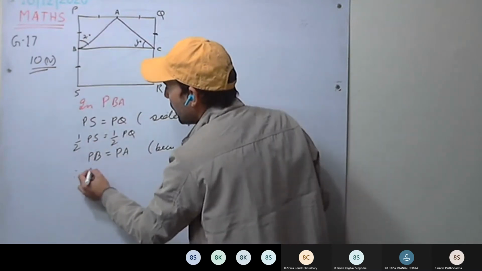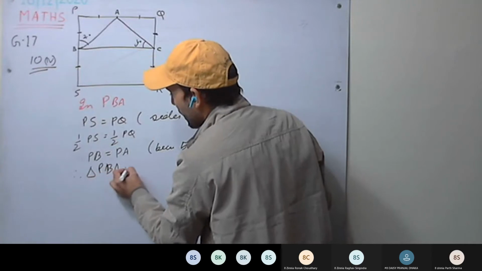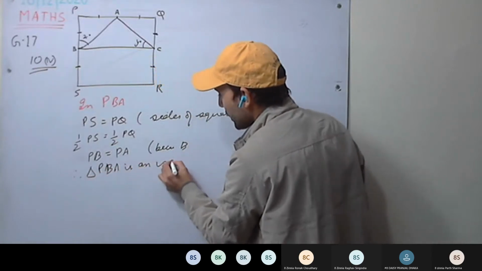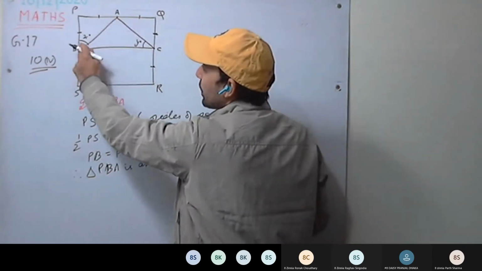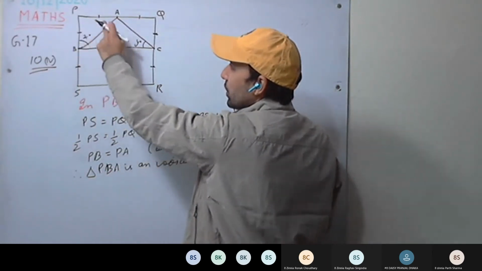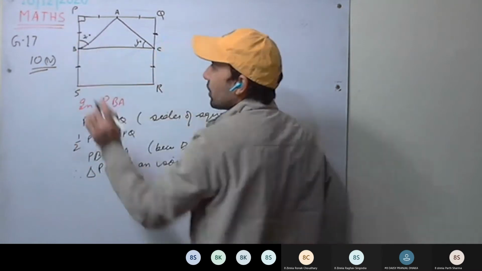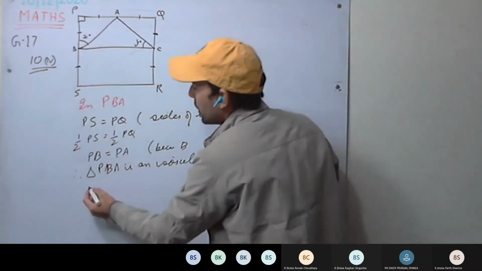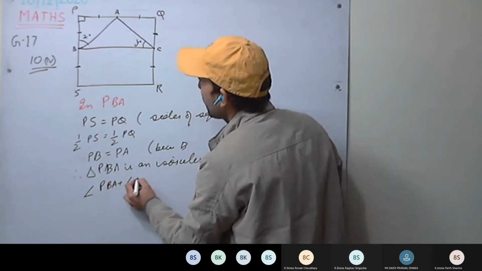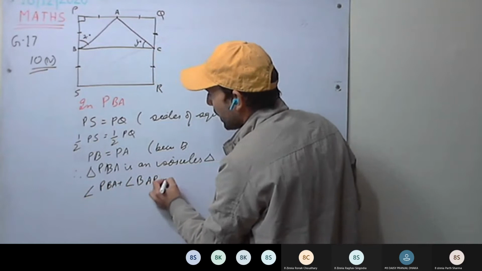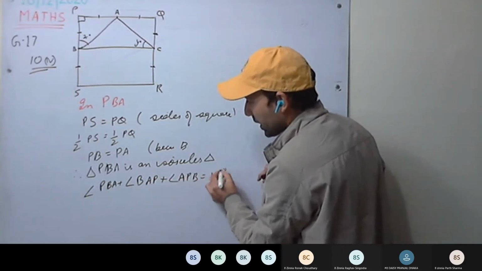Therefore, triangle PBA is an isosceles triangle. That means the angles opposite to the equal sides will be equal as well. So now we can take, this is 90, we already know. So angle PBA plus angle BAP plus angle APB equal to 180 degrees.